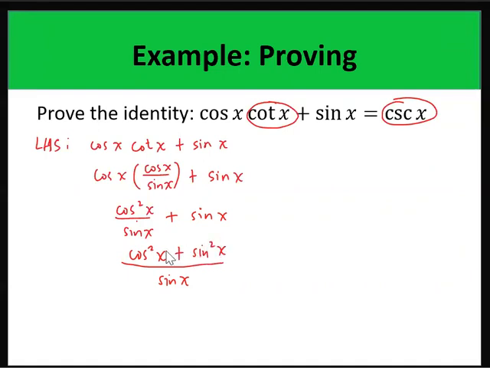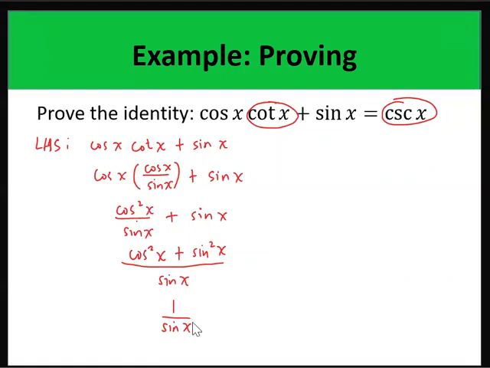Now observe that cosine square x plus sine square x is the same thing as sine square x plus cosine square x. And by the Pythagorean identity, sine square x plus cosine square x is equal to 1. So this gives us 1 over sine x.